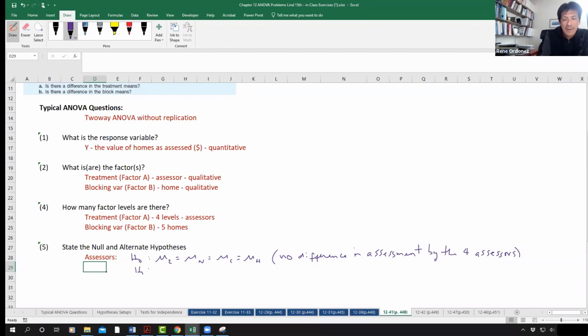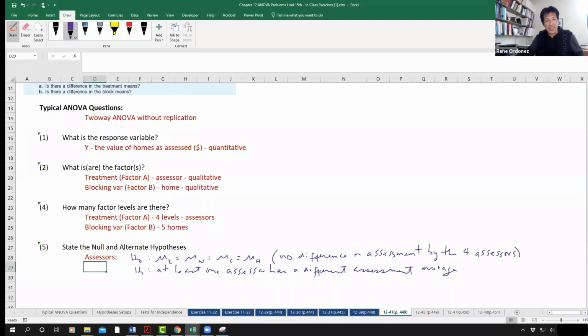H1: at least one assessor has a different assessment average.